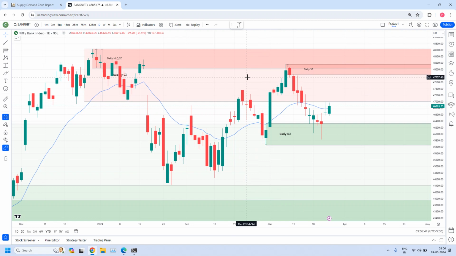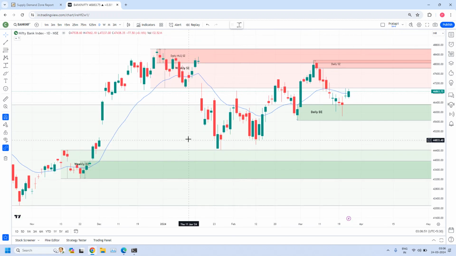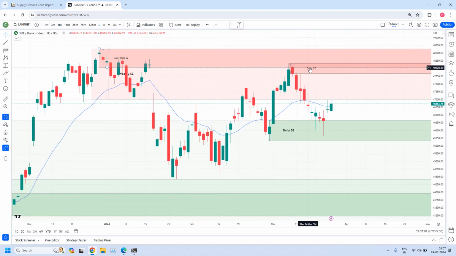We learned this in the phase 1 training program. Zone confluence means different time frames. If zones overlap but belong to different time frames, that is zone confluence. Here the daily demand zone is also a daily high liquidity demand zone, so it's a LOTL concept. All these LOTL zones are created, but we are not drawing them.